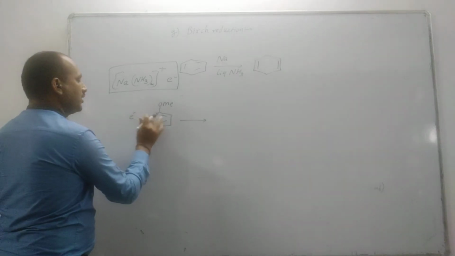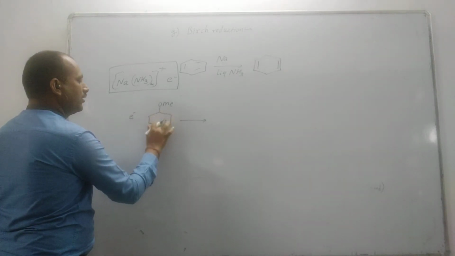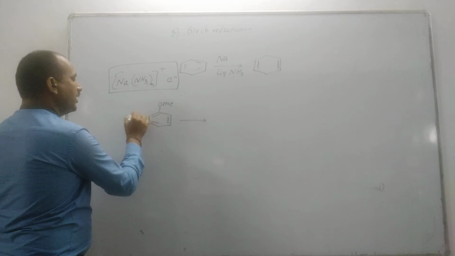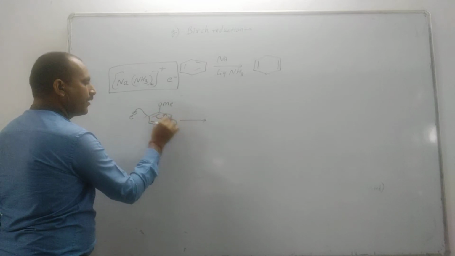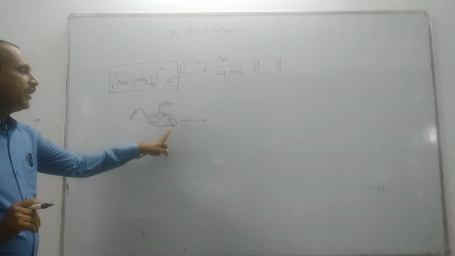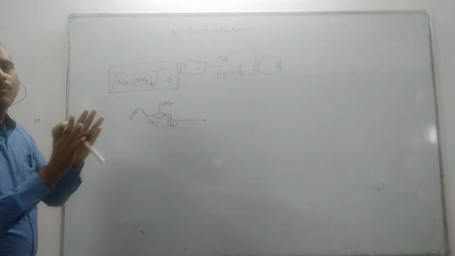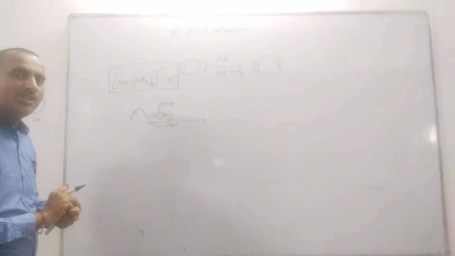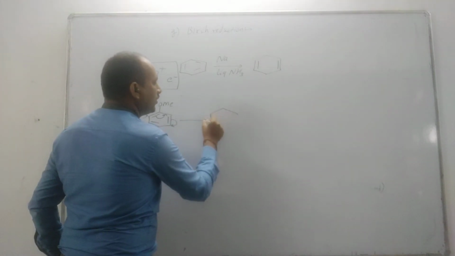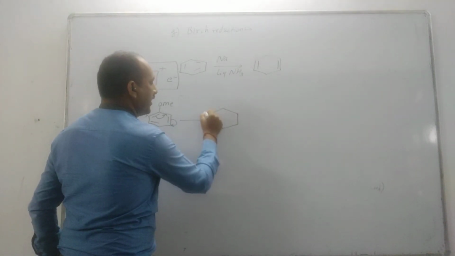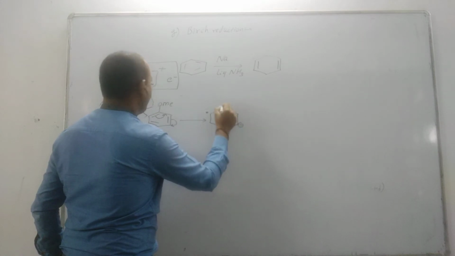So find this electron. We can show this electron transfer shifting here, and there is a negative charge and the electron apart from each other, meaning less repulsion between them. So we obtain such a radical with a negative charge species.